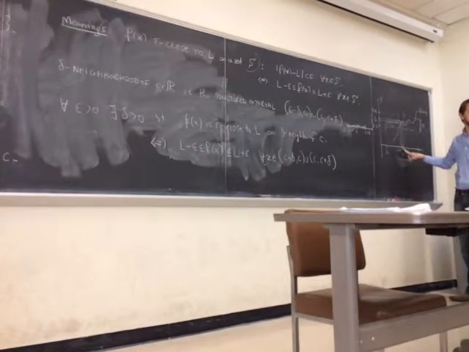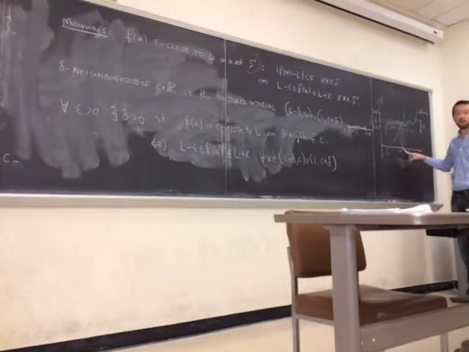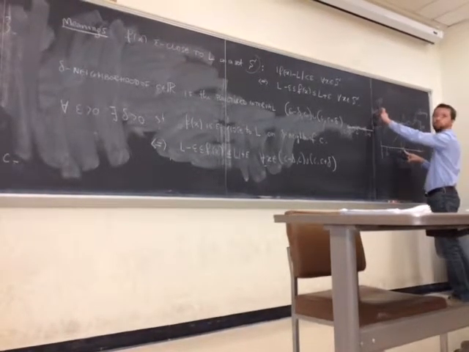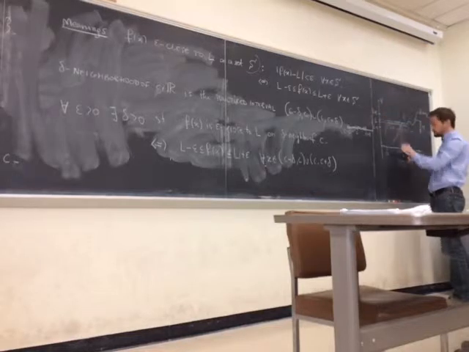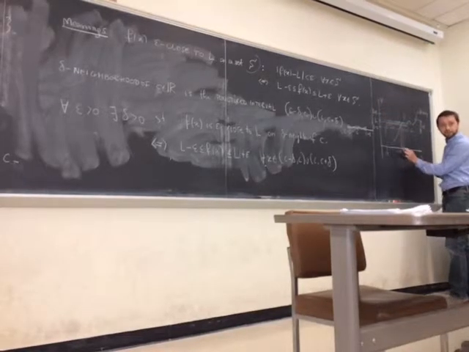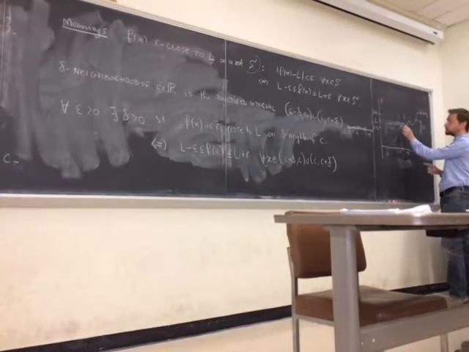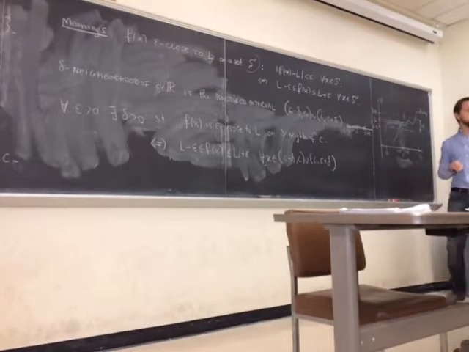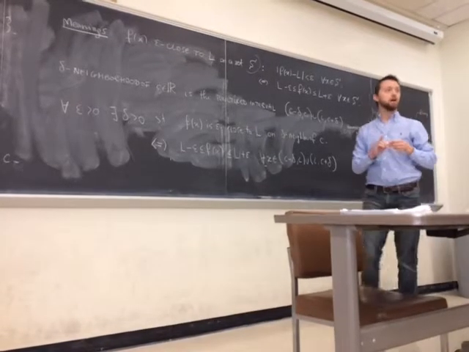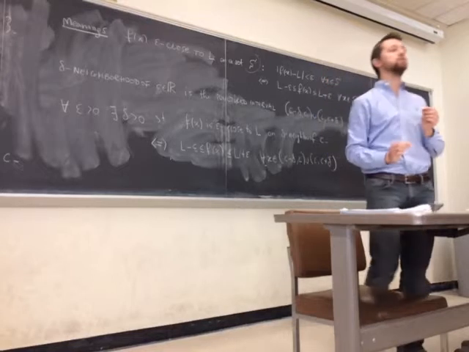And all I am asking is that no matter how small the epsilon, I can decrease the size of delta such that my function will then be boxed between L plus epsilon and L minus epsilon above this little neighborhood delta.